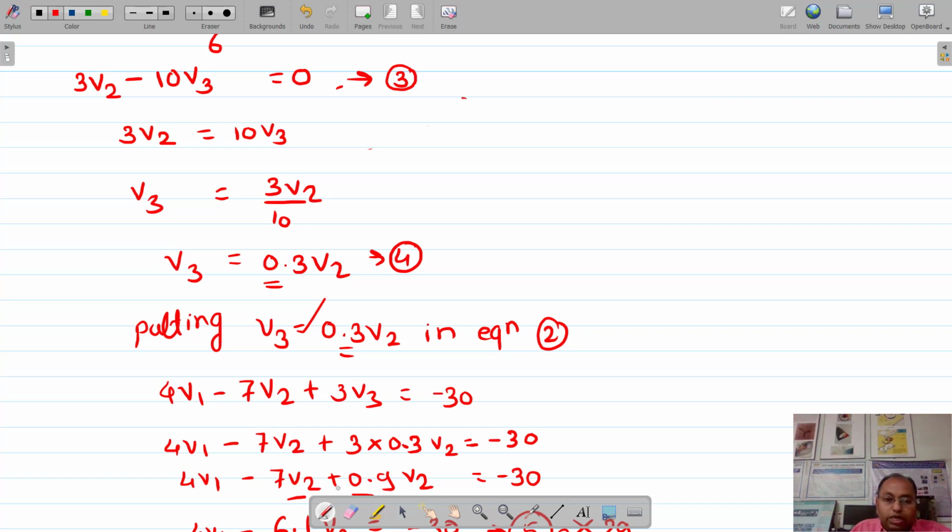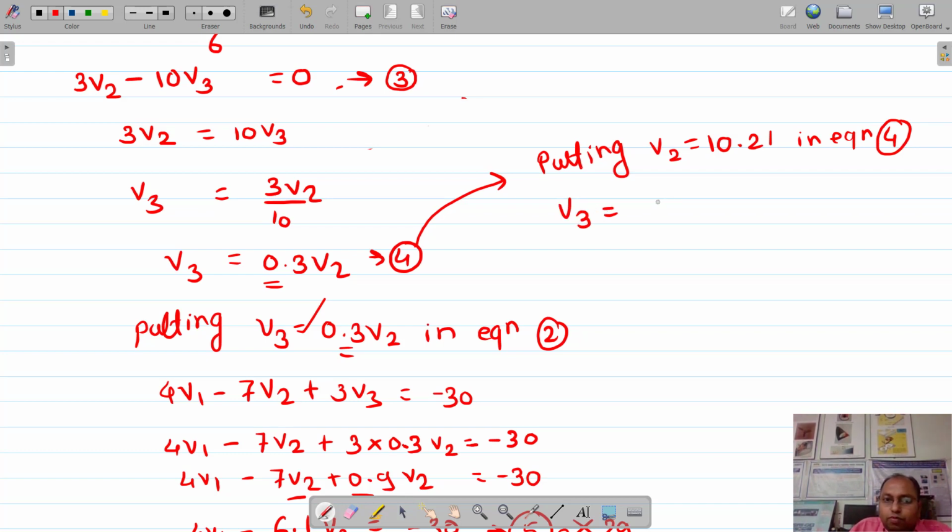Putting v2 is equals to 10.21 in equation number 4, we get v3 is equals to 0.3 into 10.21.